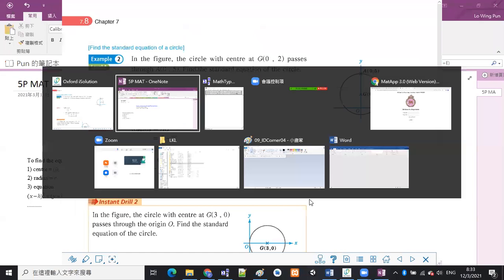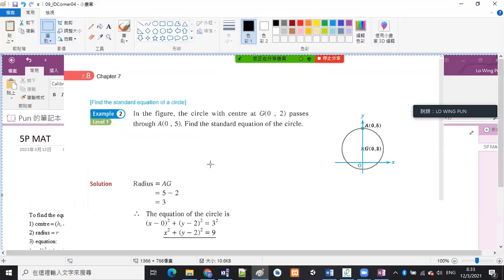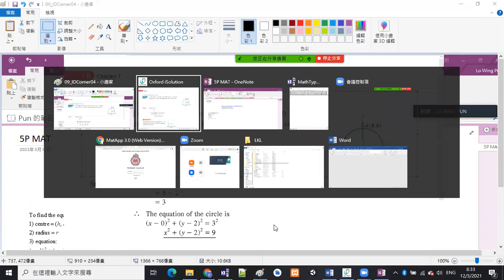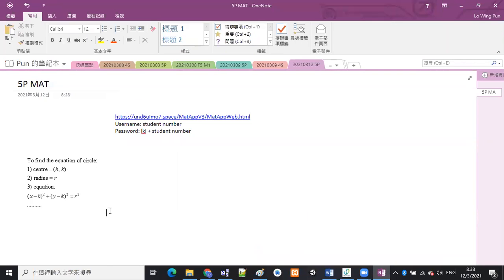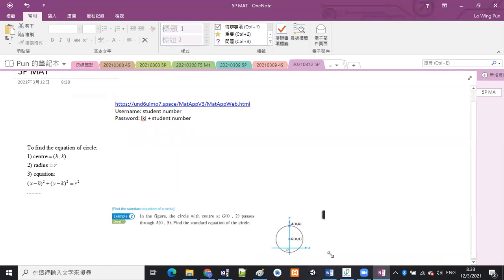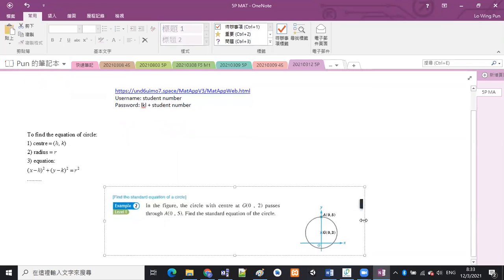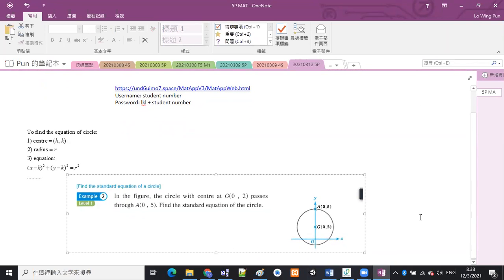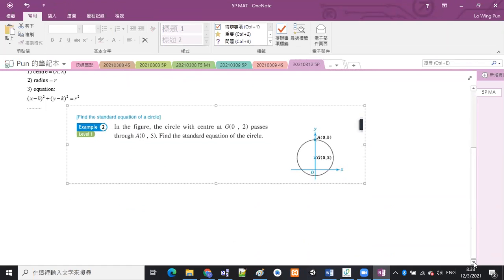All right, let's go to example 2. This time in the figure, the circle with center at G, where the coordinates of G are (0, 2), passes through the point A, where the coordinates of point A are (0, 5).